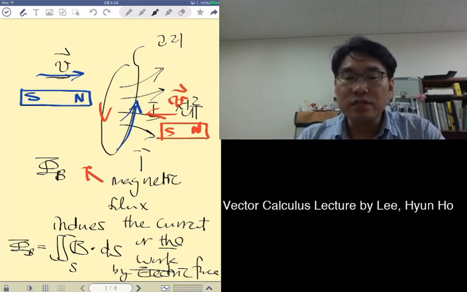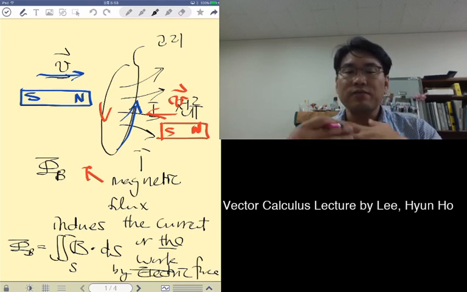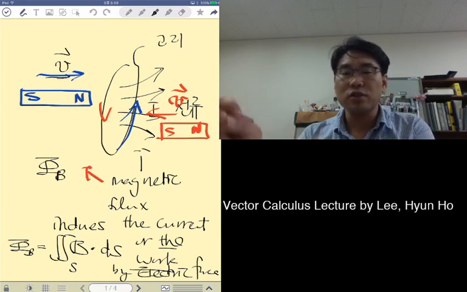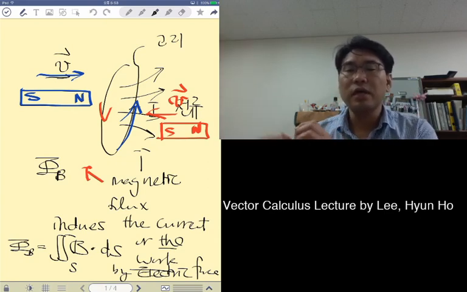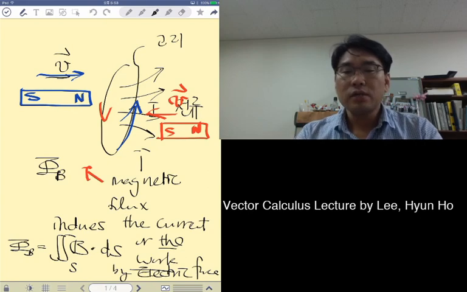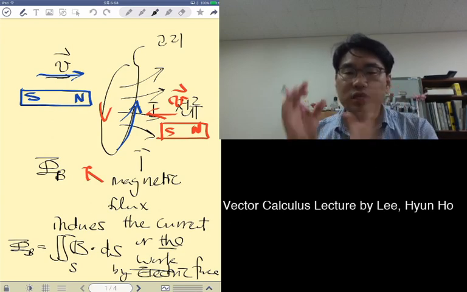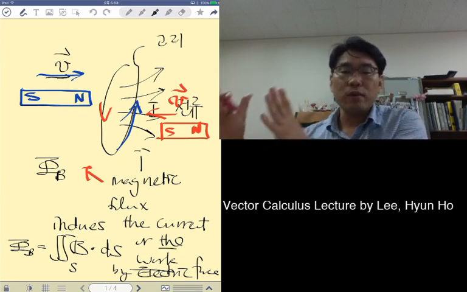So we were able to detect the current through the iron ring. We think that this electric force actually moves the charged particles or electrons through this ring. So this is the work done by the electric field, which was induced from the magnetic field.